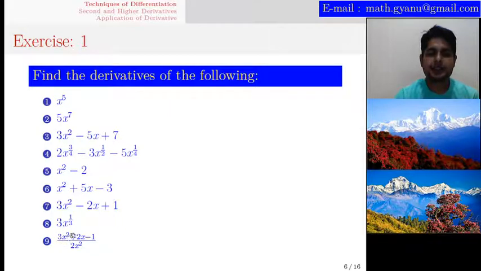Each term in the numerator will be divided by 2x square, then it will be in the simplest form: 3 by 2 plus 1 by x minus 1 by 2x square. Then you will differentiate using the sum rule. I suggest you practice these questions as your exercise.